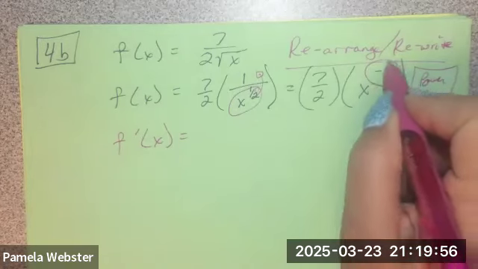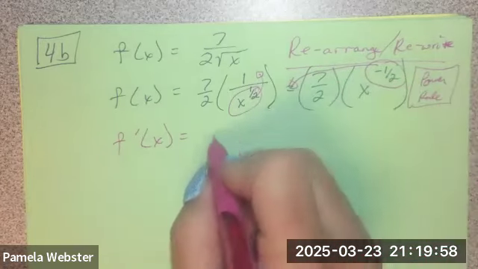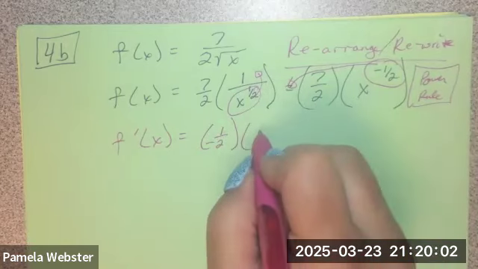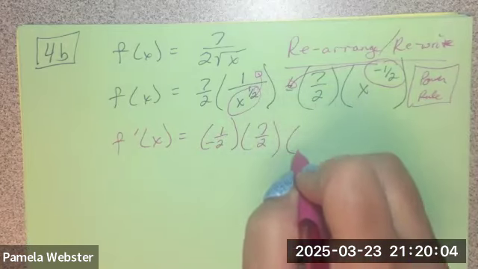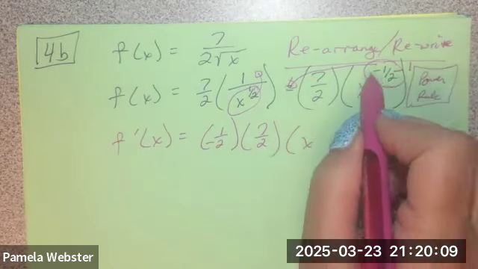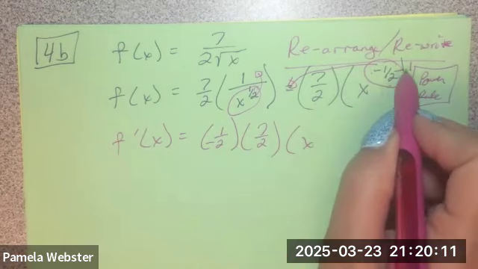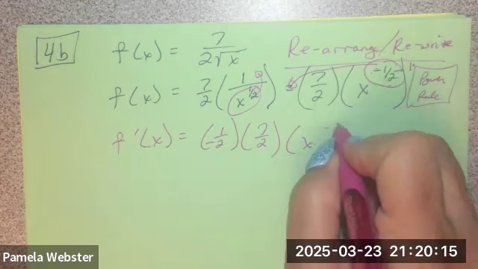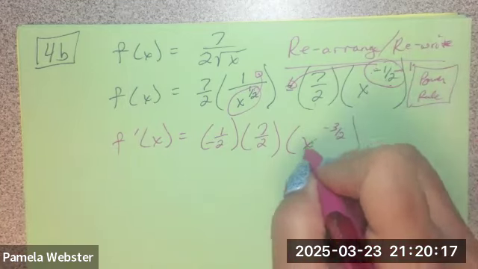Okay. So power rule, multiply this guy out in front. Negative 1/2 times the 7 halves times the x to the, subtract 1 from the exponent. Be careful. Negative 1/2 minus 1 is negative 1/2 minus 2 over 2, negative 3/2.